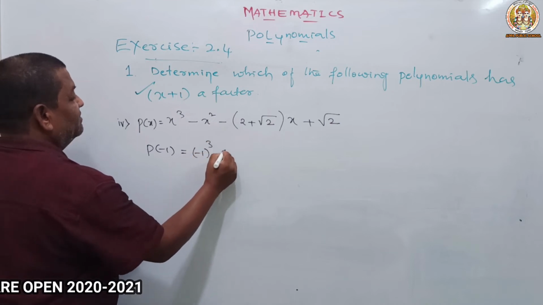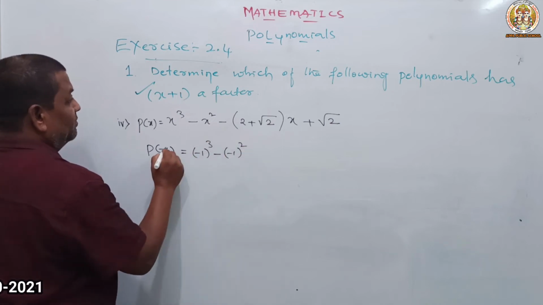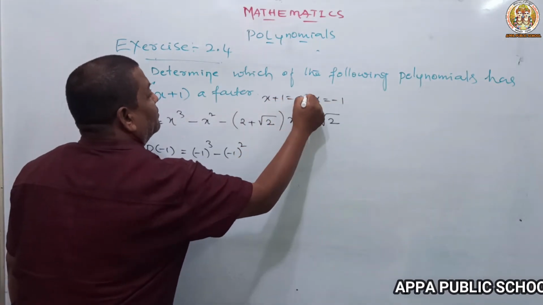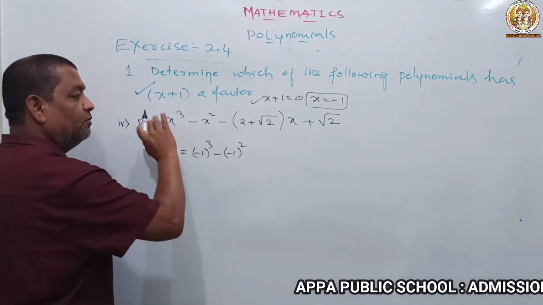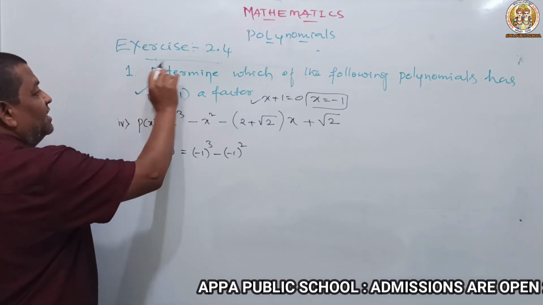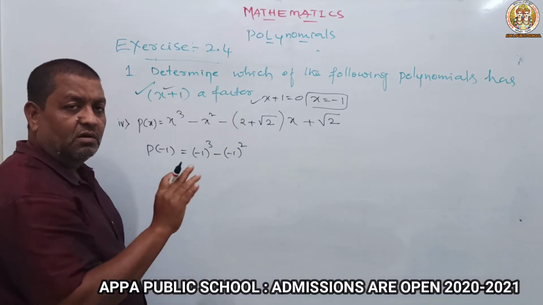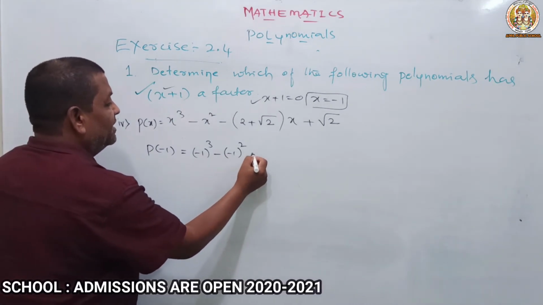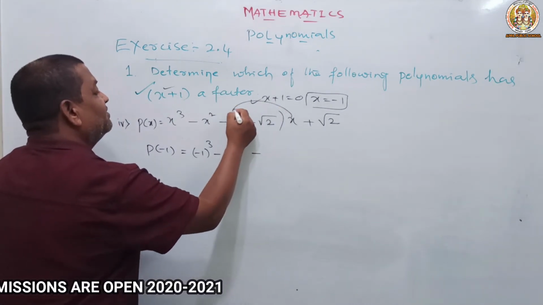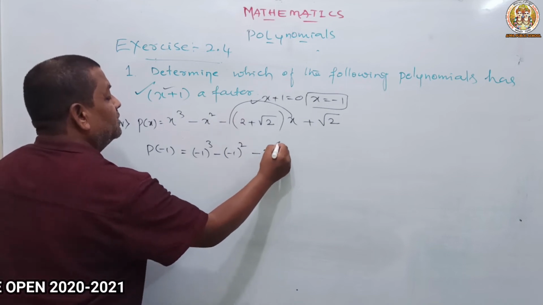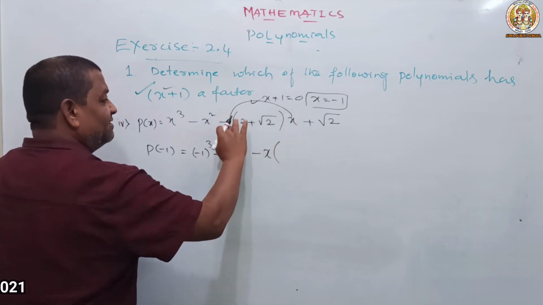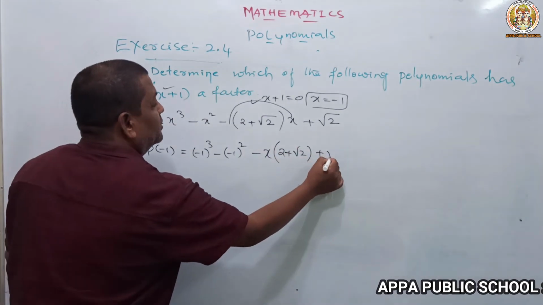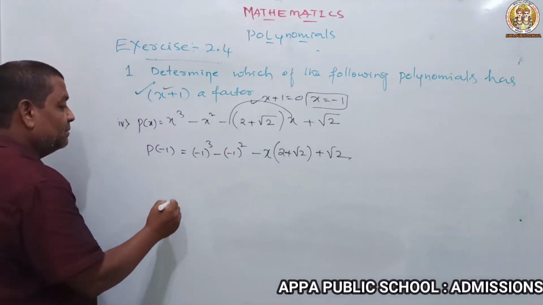Here x plus 1 is equal to 0, then x is equal to minus 1. This is the same for all sums, because it is the common factor for all. p of minus 1 is minus 1 cube minus minus 1 whole square minus of. Please bring this x here; afterwards you substitute. That's why it becomes easy.